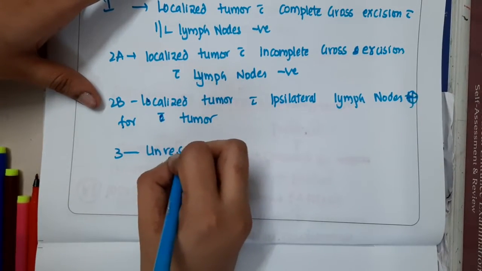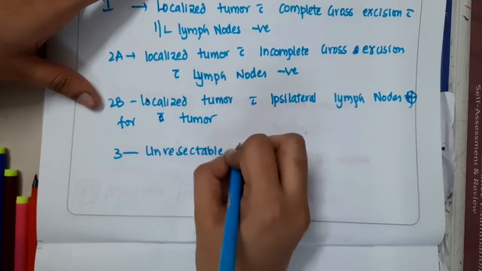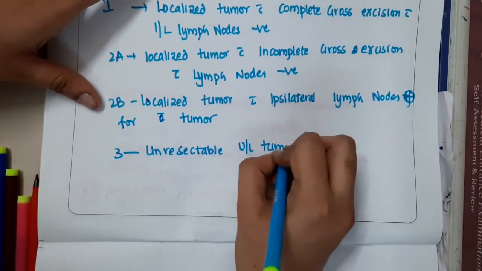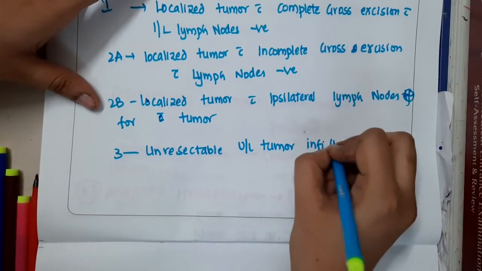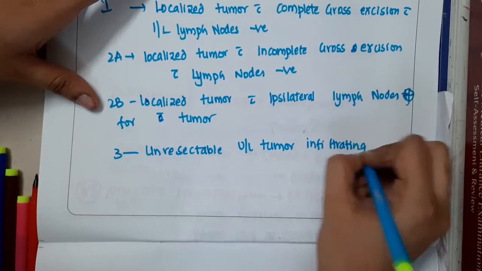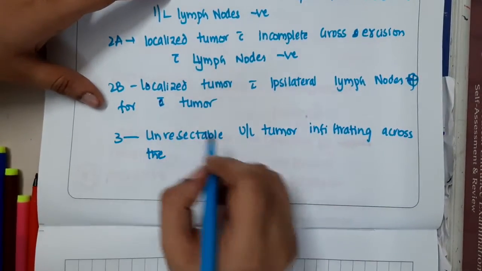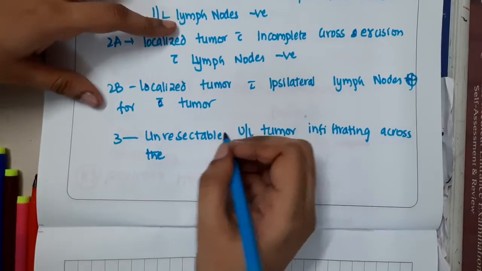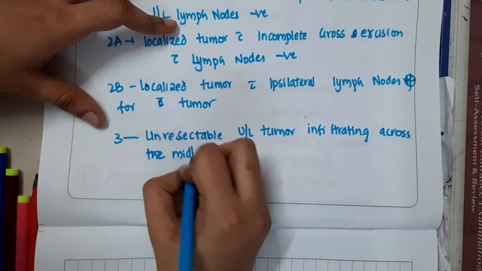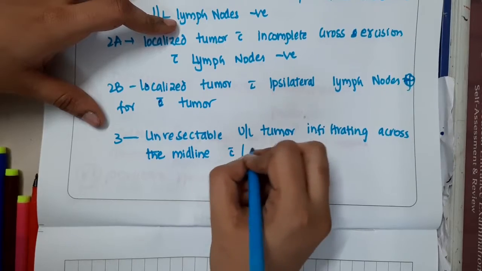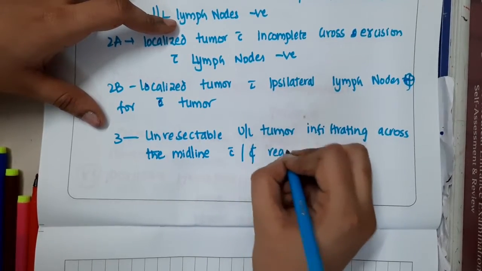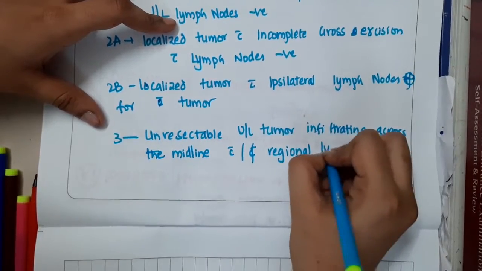Stage 3 is an unresectable unilateral tumor infiltrating across the midline, with or without regional lymph node involvement.